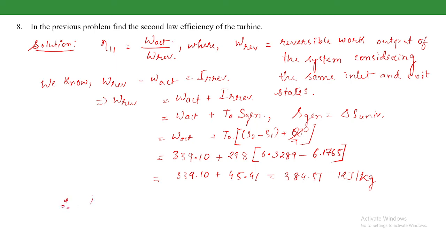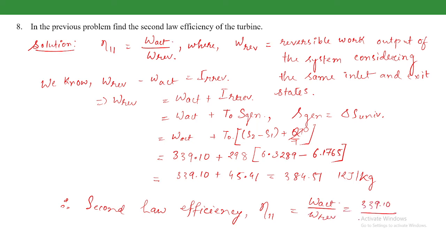Okay, therefore the second law efficiency is equal to W actual by W reversible. So this is 339.10 by 384.51.